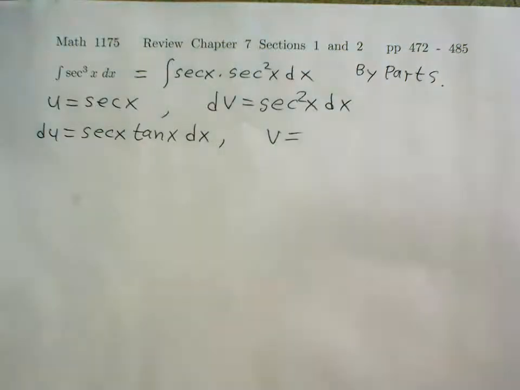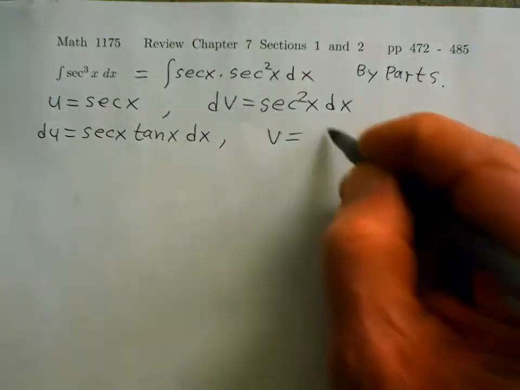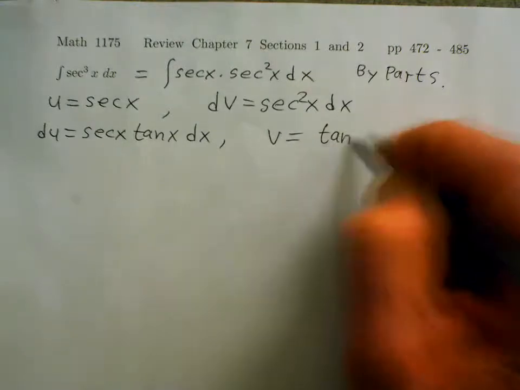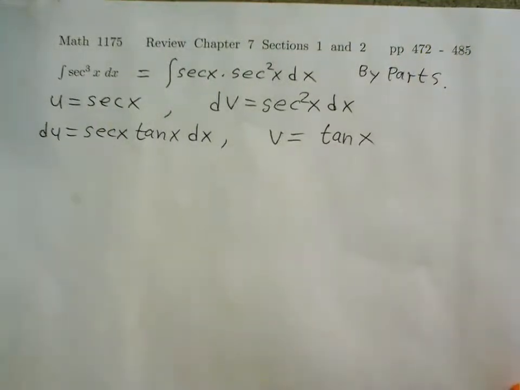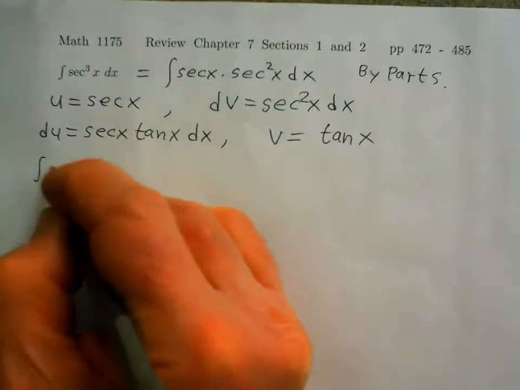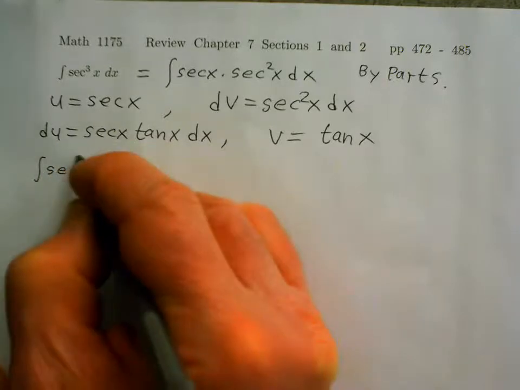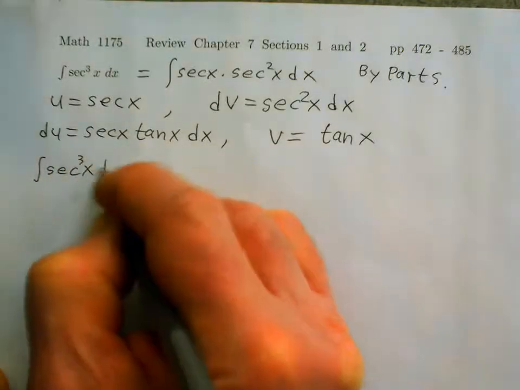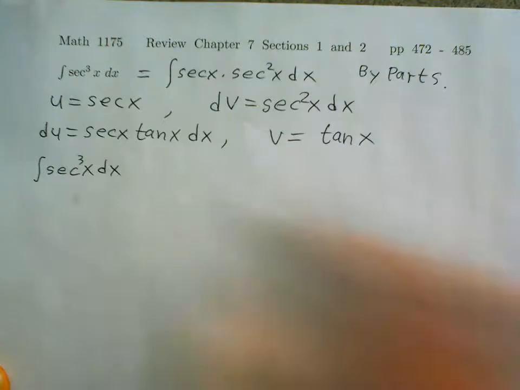And if dv is secant of x squared dx, then what's v? It's tangent of x. Okay, so we'll write down what we get by applying the integration by parts formula.